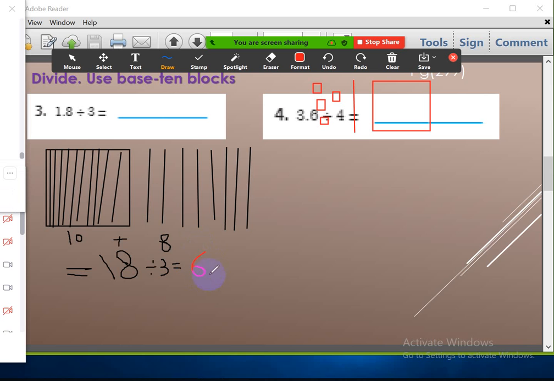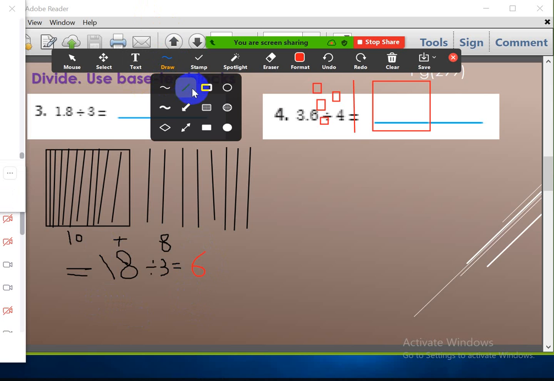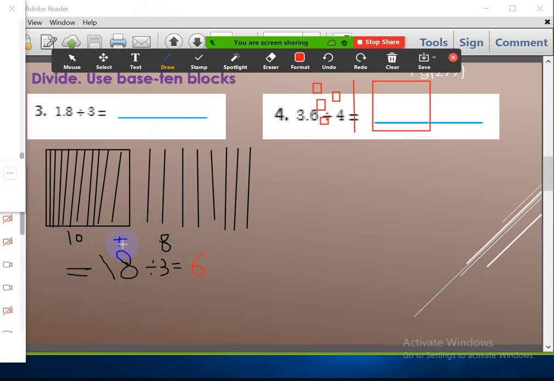Very good. So I have 6 longs. Because I divided 18 longs by 3, I have 6 what? Longs.